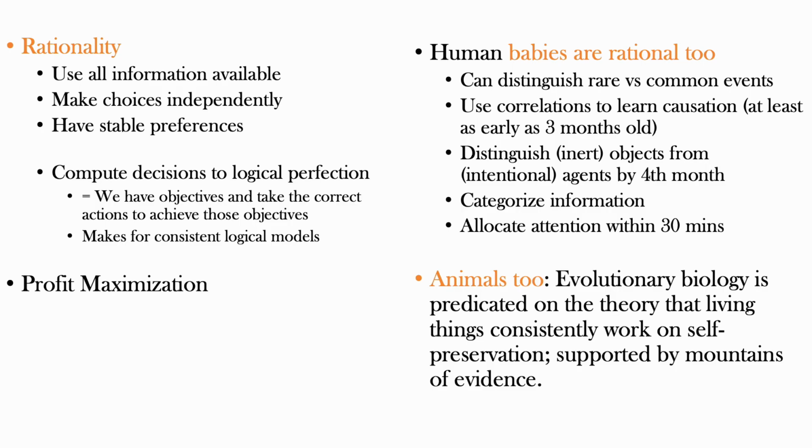But we don't have to stop at humans. If you think about animals, evolutionary biology is predicated on the theory that living things consistently work on self-preservation, whether that is preservation of the individual self or the preservation of the gene pool of your being.